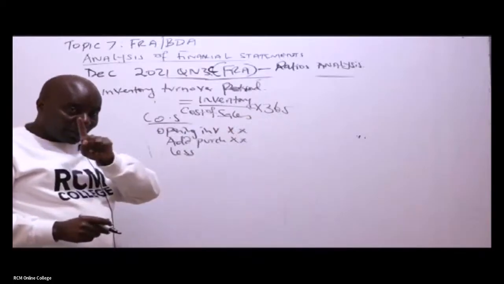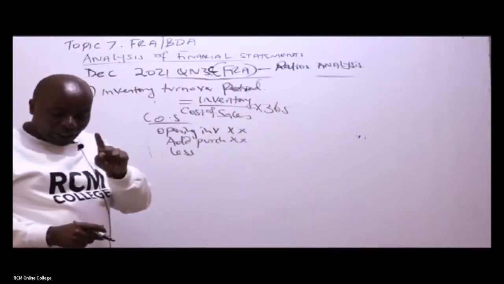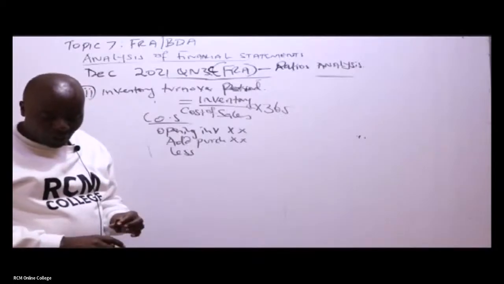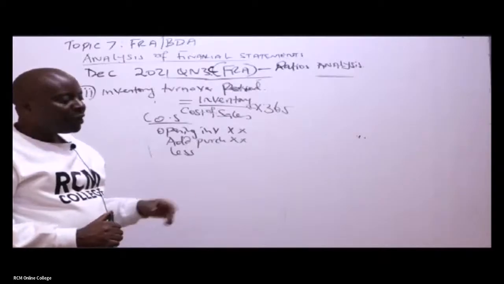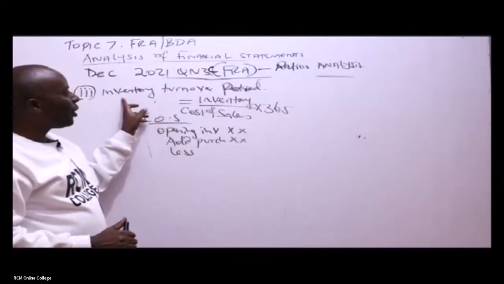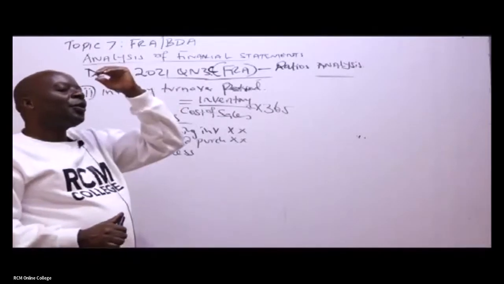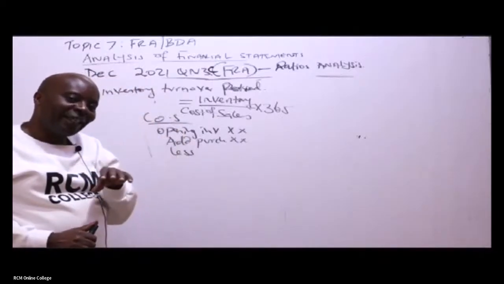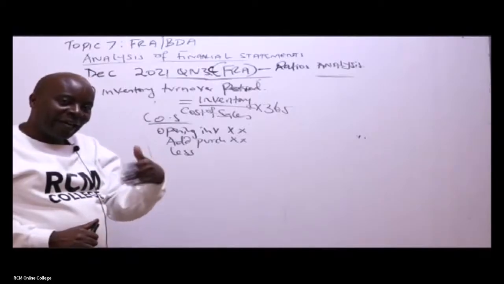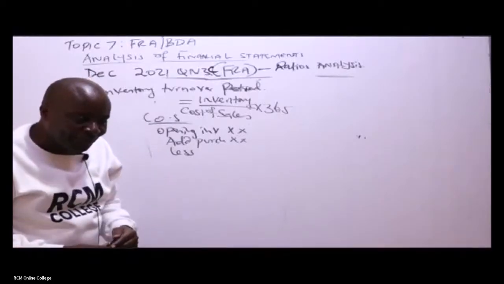The examiner will dictate that for you. In this question, he has told us to assume a 365-day financial year. So this is how we calculate inventory turnover period: inventory over cost of sales times 365.